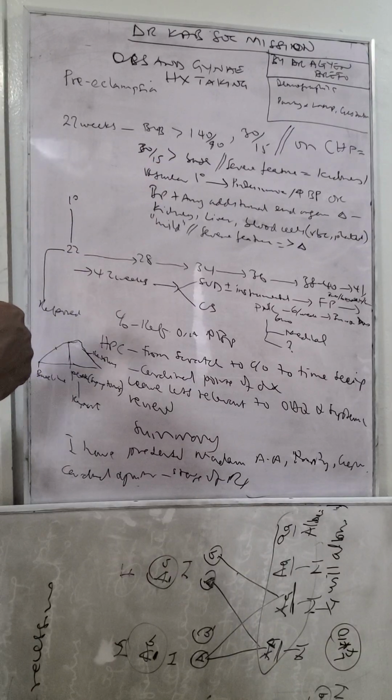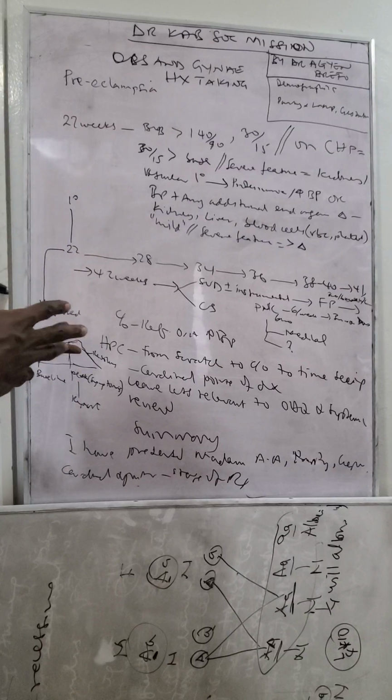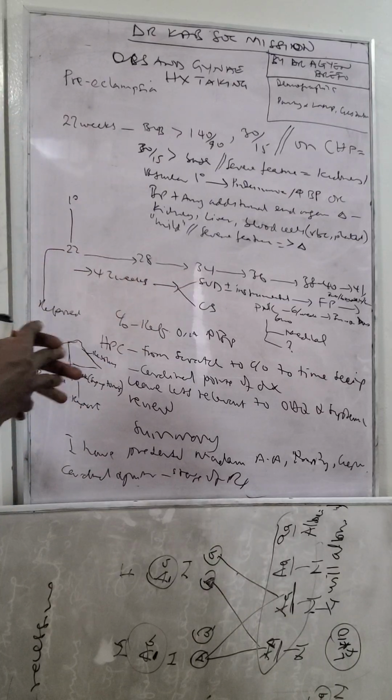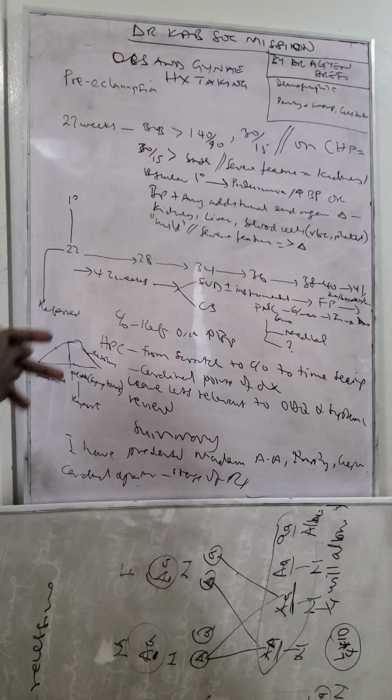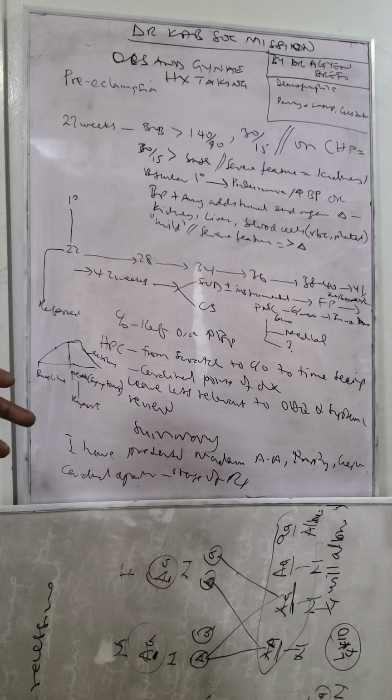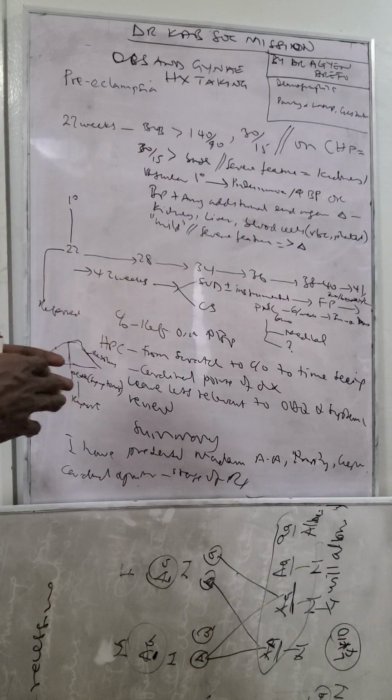So you should first take a thorough history, do your examination, make an impression of one, two, three diagnoses, and then let your history follow the conditions you think are most probable in that circumstance.